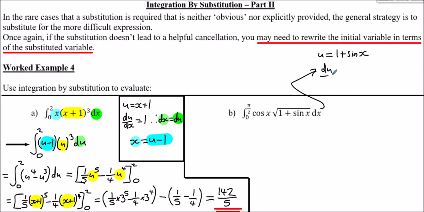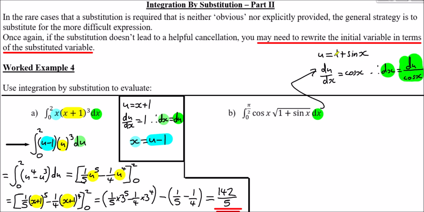Differentiate both sides, so du by dx just goes to cosine x. Therefore, in terms of du, dx is just going to be du all over cosine x. So this dx we can replace with du over cosine x.